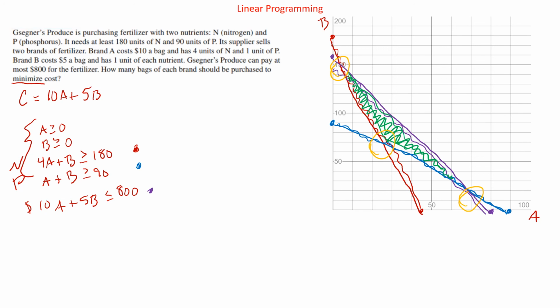The first one, we had 4A plus B equals 180, and A plus B equals 90. We could multiply by a negative and add. So we get 3A, B's go away, equals 90, which means A equals 30, B equals 60. That's one of our points.